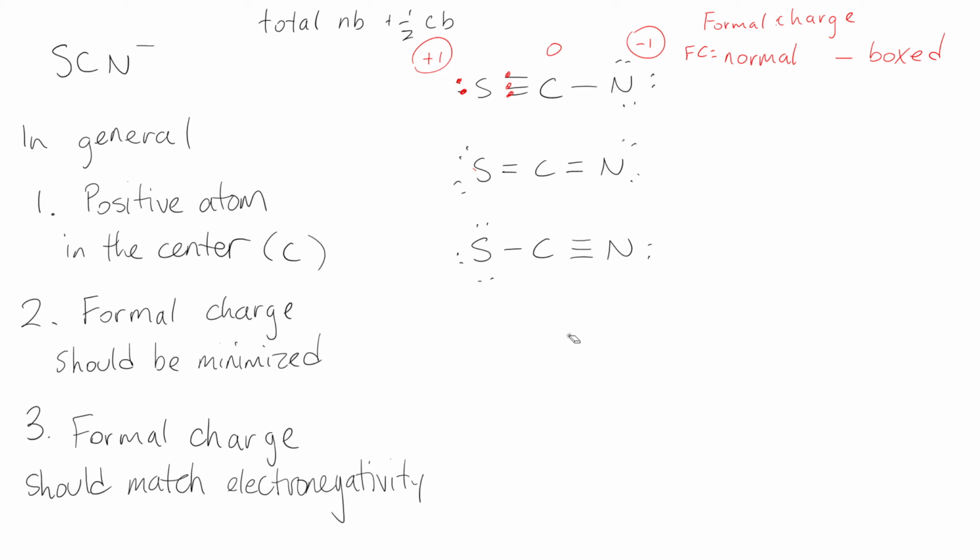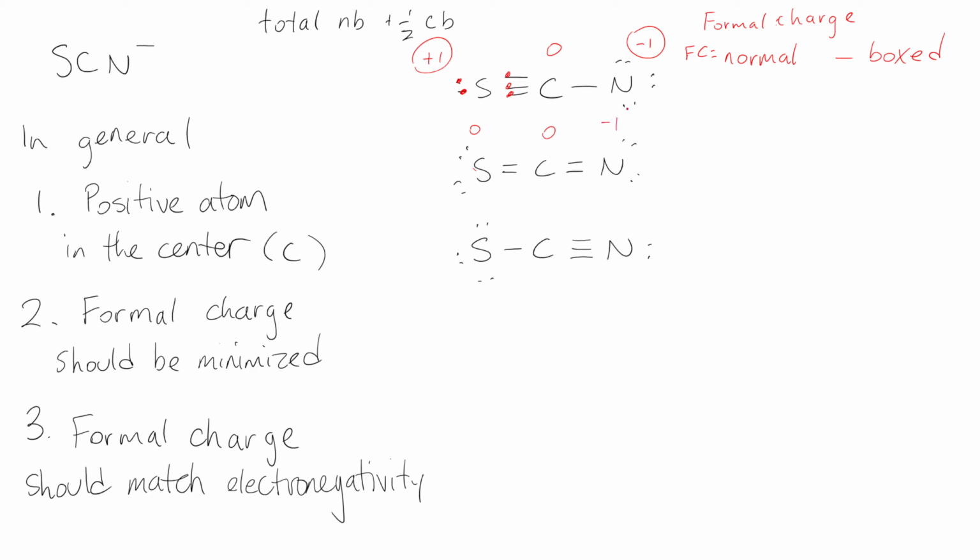So if we look at the formal charges between these structures, the formal charges should be minimized, as in as close to 0 as possible, and the formal charge should match the electronegativity.